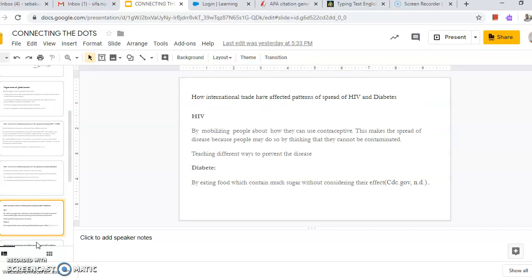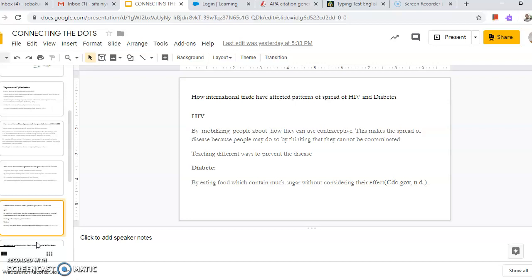How has international trade affected the patterns of the spread of HIV and diabetes? HIV: by mobilizing people about how they can use contraceptives, this makes the disease spread because people may act thinking that they cannot be contaminated because they usually use those contraceptives.